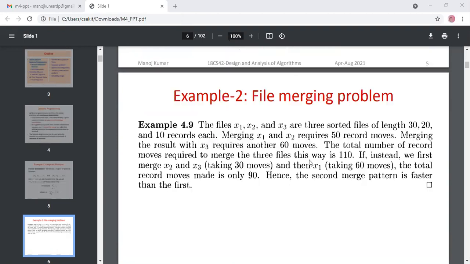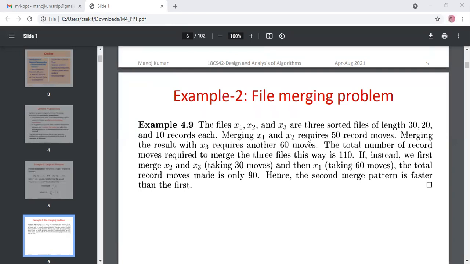Another example is the file merging problem. Consider three sorted files x1, x2, x3 of length 30, 20 and 10 records respectively.